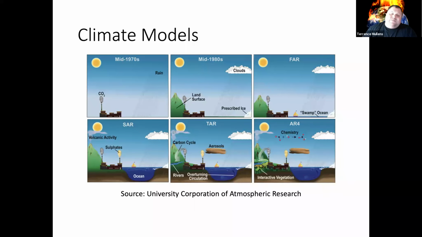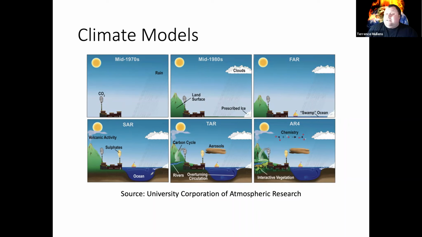In the mid 1980s, we were able to add the land surface, which greatly influences what the Earth does with sunlight. Then we were able to include clouds. Eventually, we were able to include an ocean, a very swamp ocean, but an ocean nonetheless. We were able to include ice. Eventually, we included volcanic activity and other types of pollutants such as sulfites and aerosols.